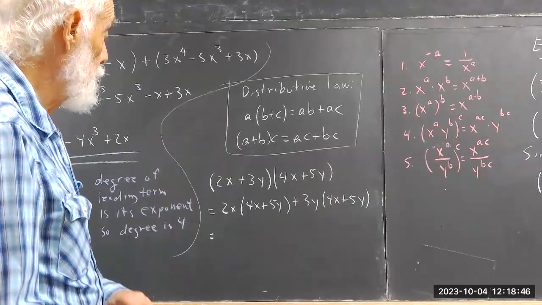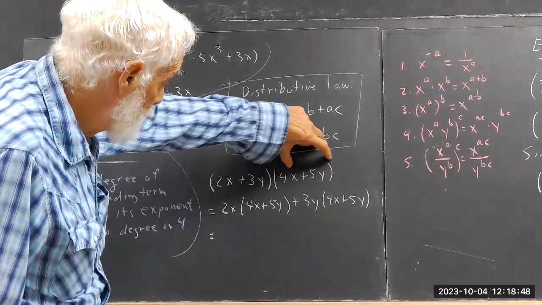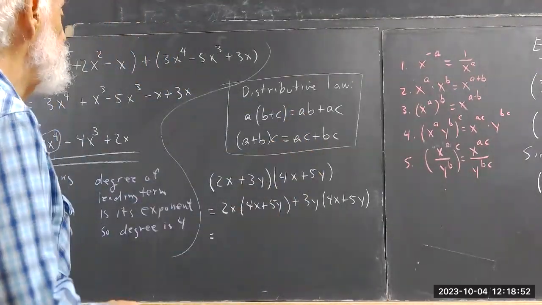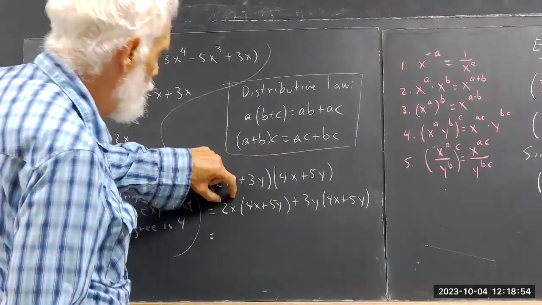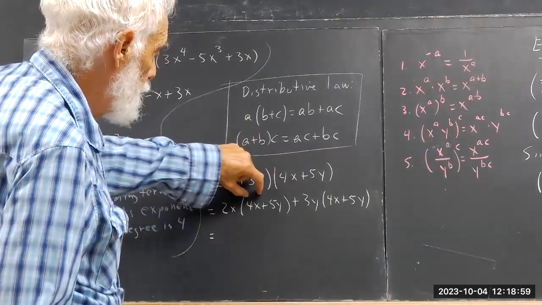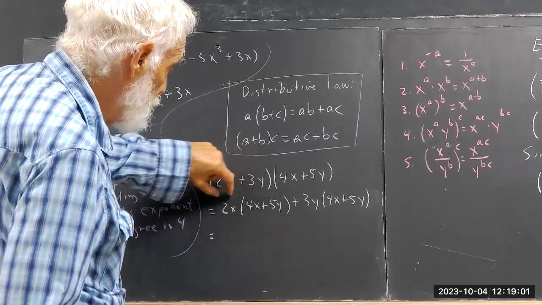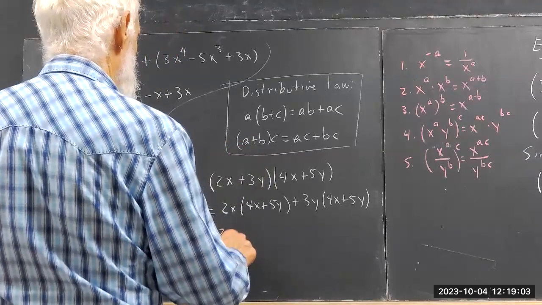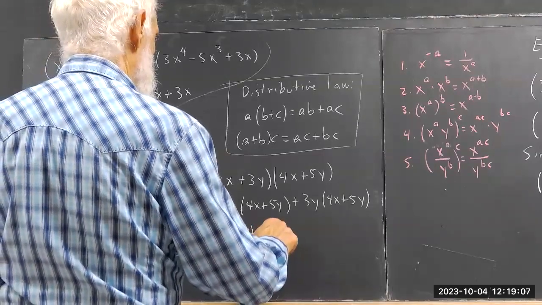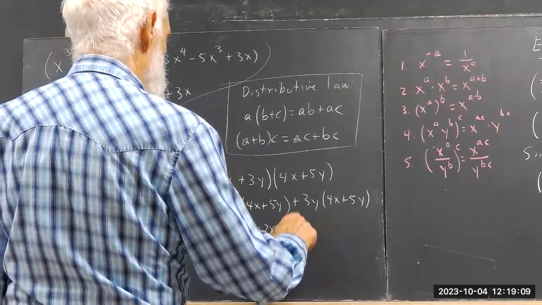Okay, that's the distributive law. It's this times this plus this times this. Now we have this multiplied by this plus this. Well, it's going to be this times this plus this times this. That's going to be 2x times 4x plus 2x times 5y. Right?